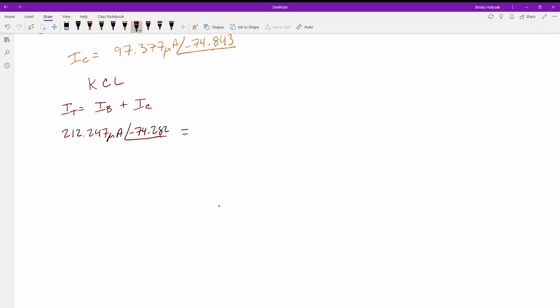That is equal to 114.9 micro at negative 72.97 plus our current through branch C, which was 97.377 micro at an angle of negative 74.843 degrees. Now again, we're adding these values together, so we have to convert them all into rectangular notation.